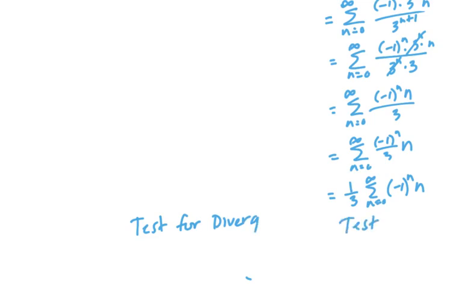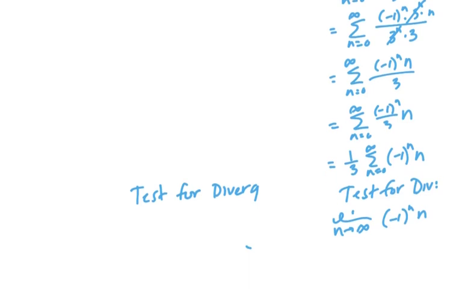Let's do it under here, the test for divergence. It says that we take the limit as n approaches infinity of the terms. So we have negative 1 to the n times n, which is divergent. The limit does not exist.